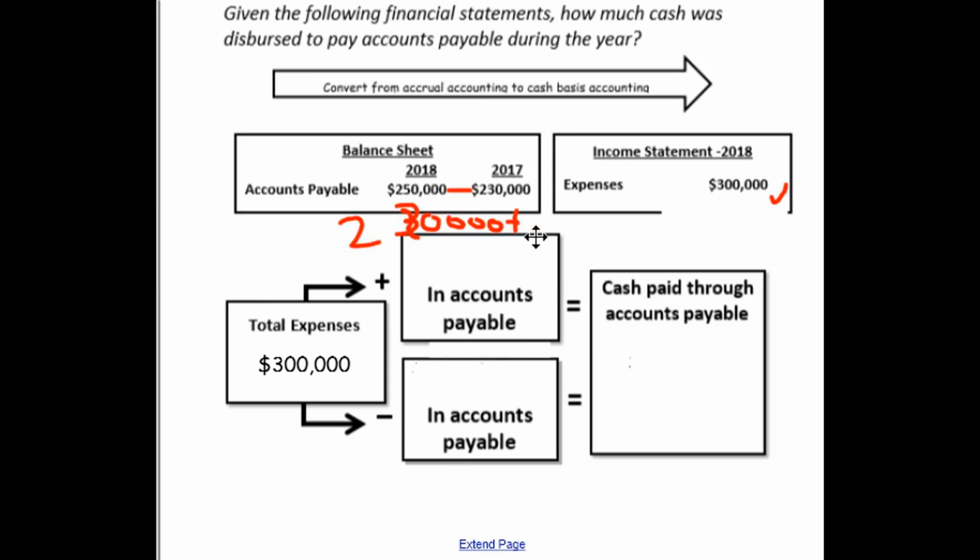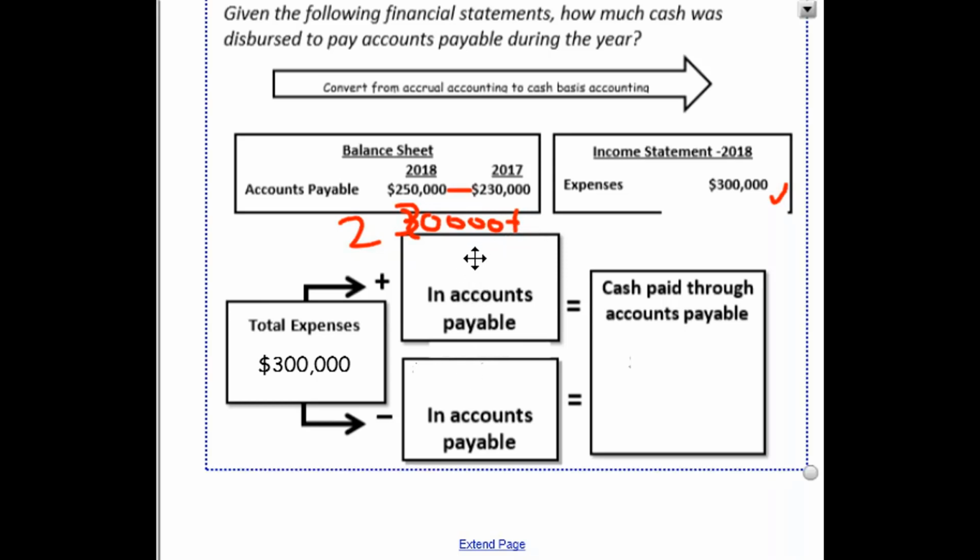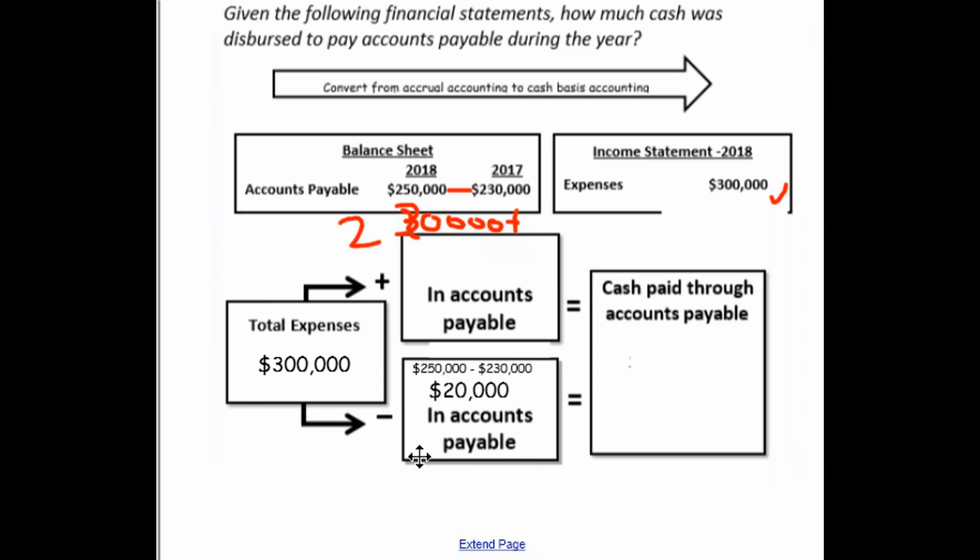So again, picking out my slides, my decrease box is on the top and my increase box is on the bottom. I didn't bother labeling them because I wanted you to try to remember those. So I'm going to use my increase box with $20,000, the difference due to the fact that I started at 230 and at the end of the following year I ended up at 250,000.